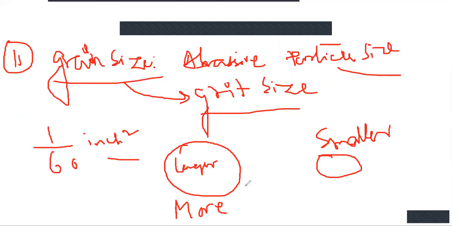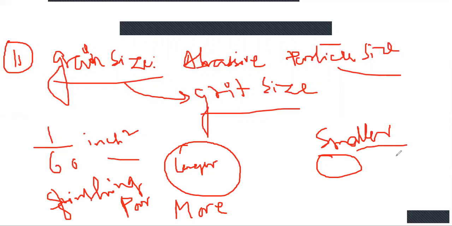But because of the larger grain size, the finishing is poor. For smaller grain size, capacity of material removal is low, but finishing is high or good. Finishing is good.